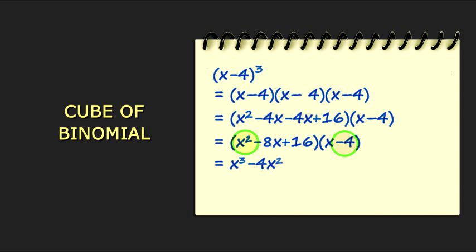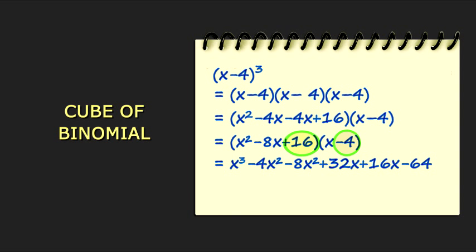Then, the next thing we do is to go to the negative 8x. Then, negative 8x multiplied to x becomes negative 8x squared. And negative 8x times negative 4 is equal to 32x. The last thing we do is to get 16 multiplied to x to become 16x. And 16 times negative 4, which is negative 64.